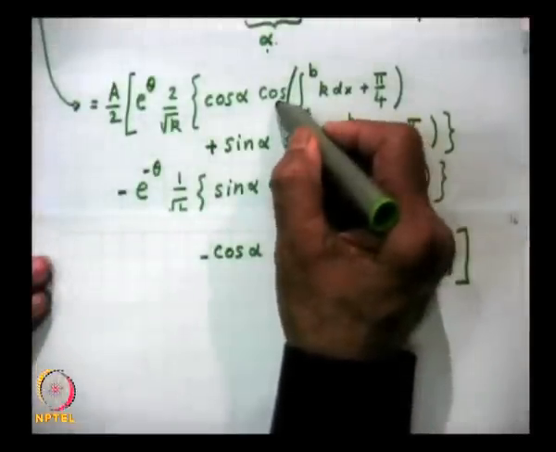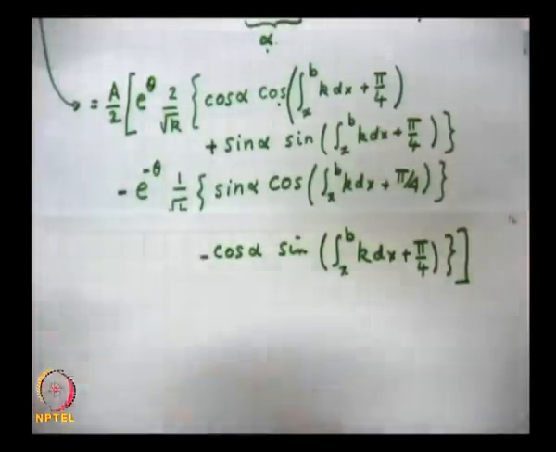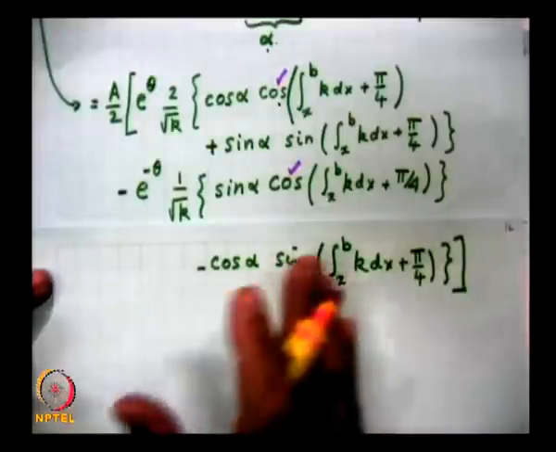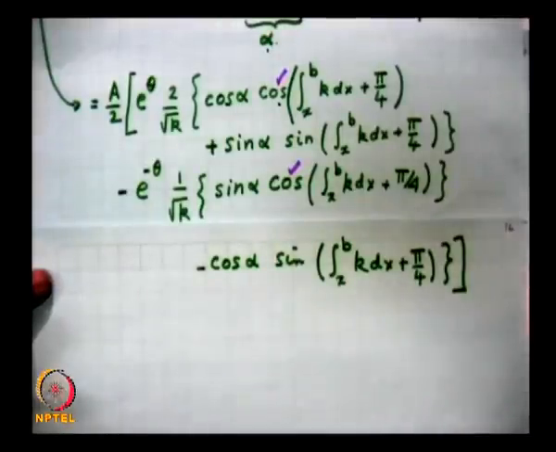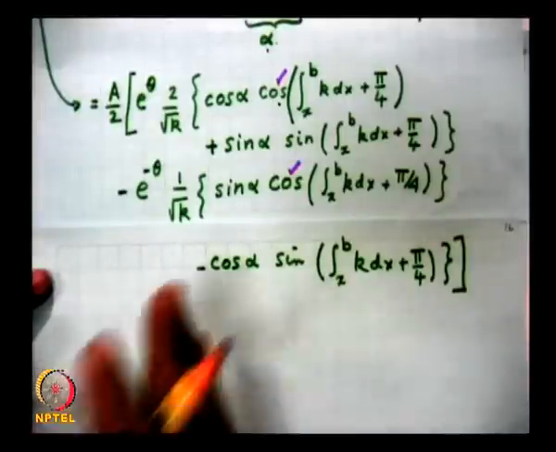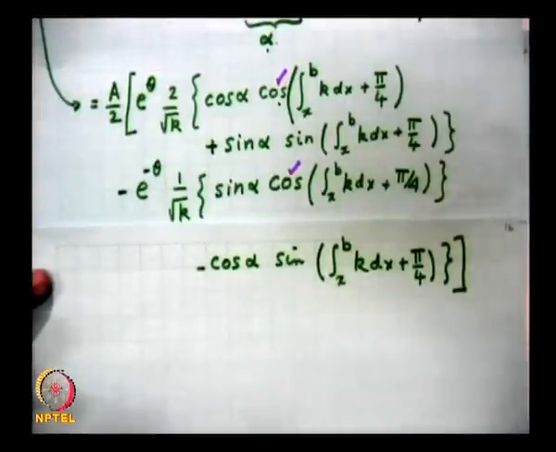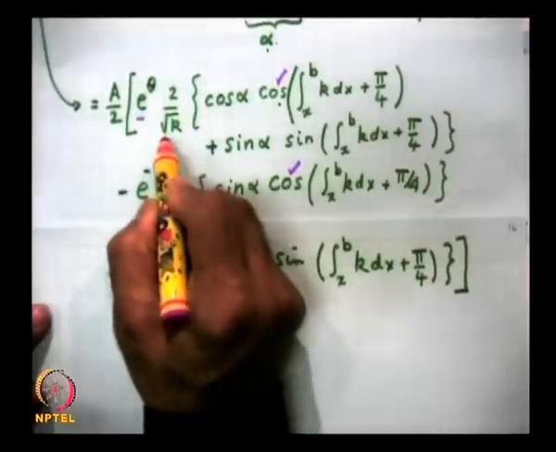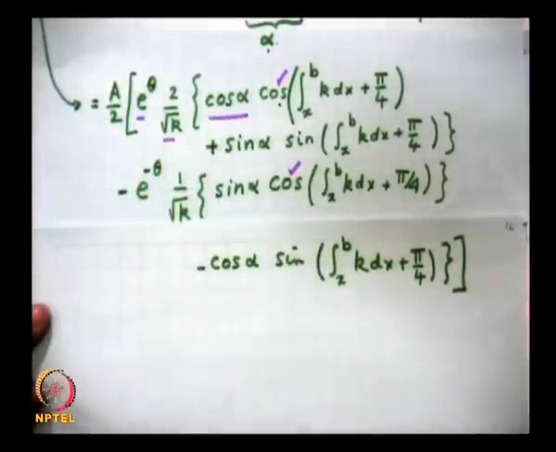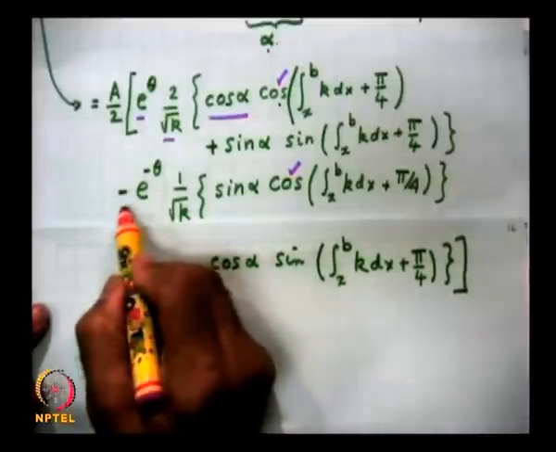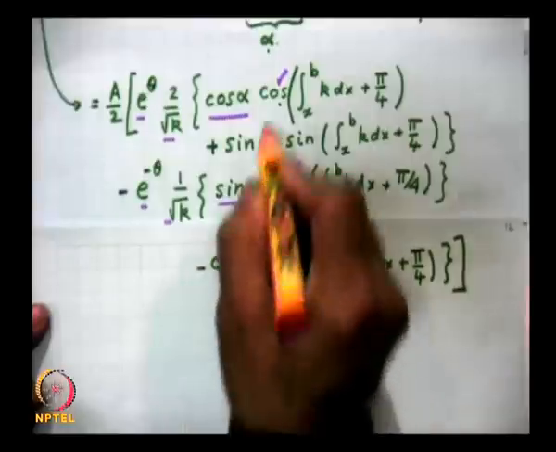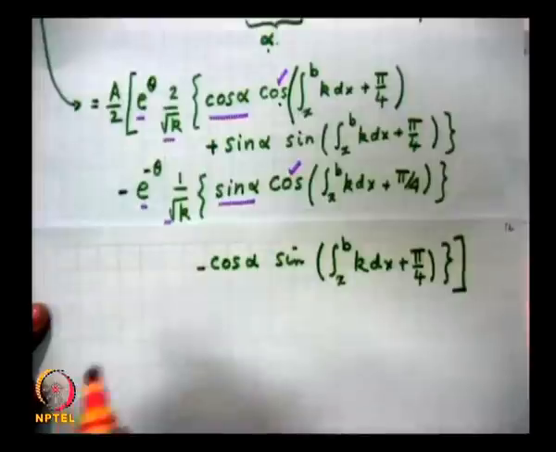So, this term and this term will go over to an exponentially amplifying solution. Therefore, the coefficients of those two terms must add up to 0. So, please see, this times cos alpha minus this times sine alpha is the coefficient of the cosine term, and that must be 0.